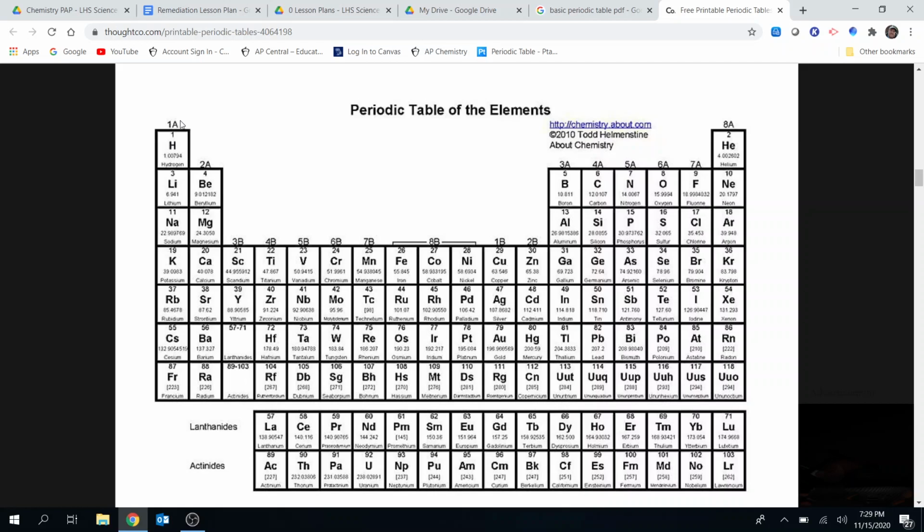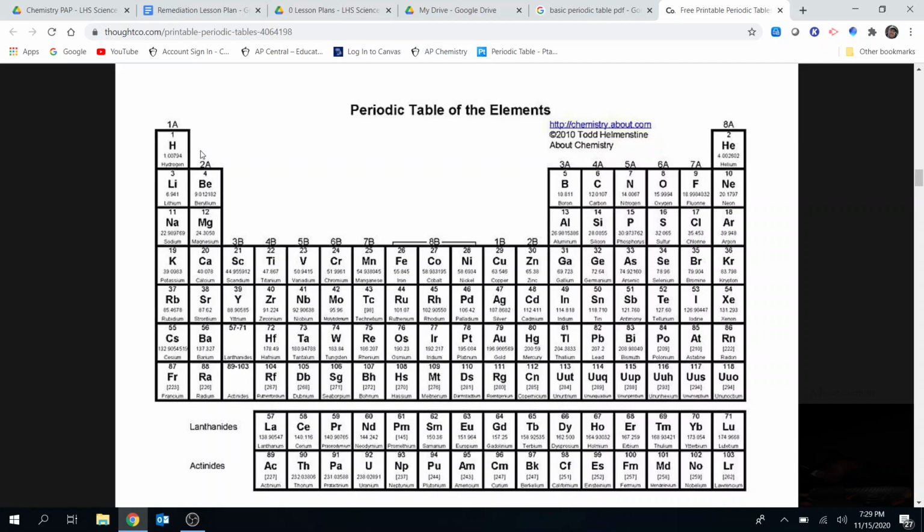So that 1A column will develop a plus 1 charge when it becomes an ion or when it bonds with something else. So let's look at the 2A column. The 2A column, beryllium, magnesium, calcium, strontium, etc., they have 2 valence electrons. And so, sure enough, once again, easier to gain 6 or easier to lose 2?